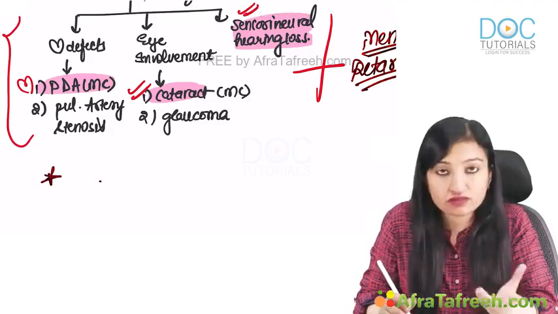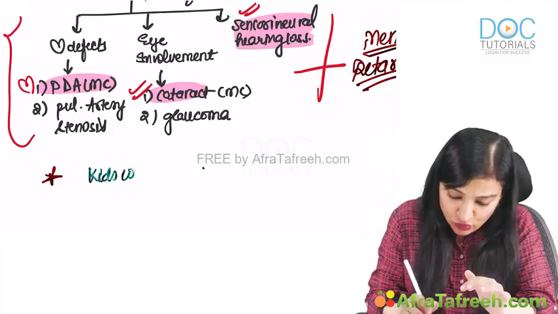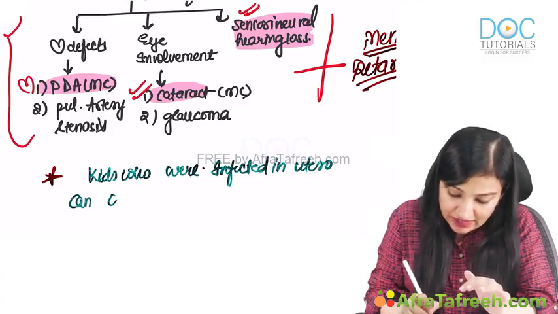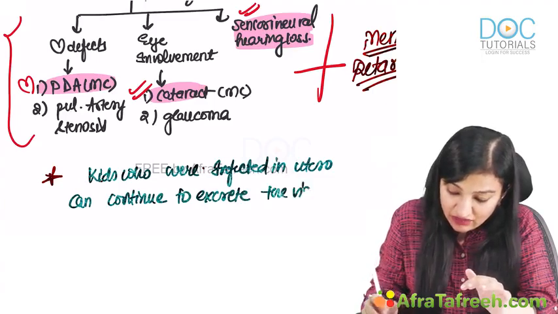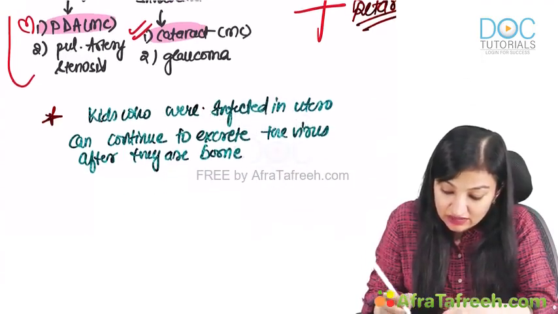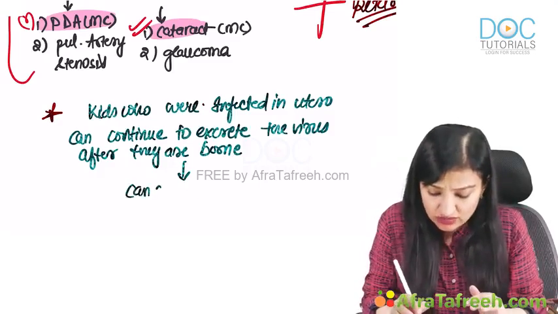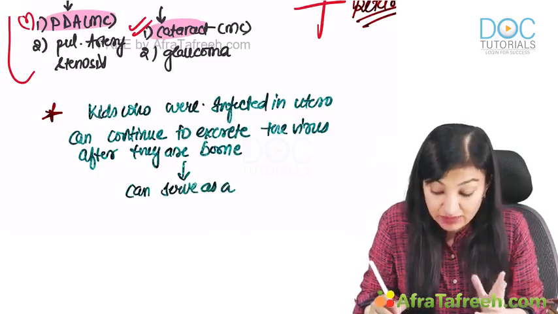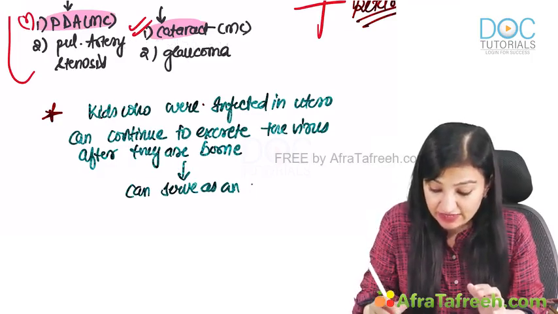Now also to be noted over here is that the kids who were infected in utero can continue to excrete the virus after they are born, and this excretion of the virus by these kids can serve as an important public health hazard, because if pregnant females are around, they can get infected.